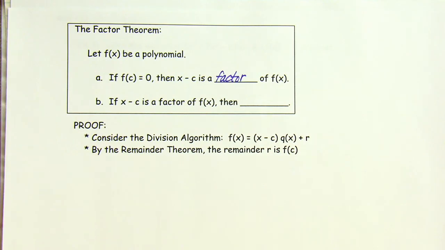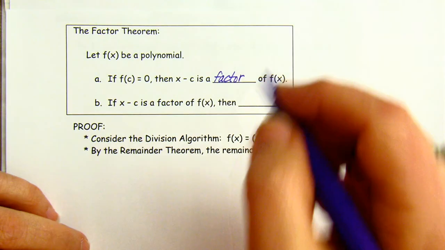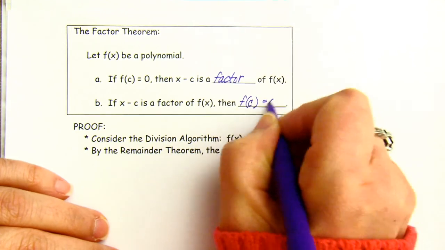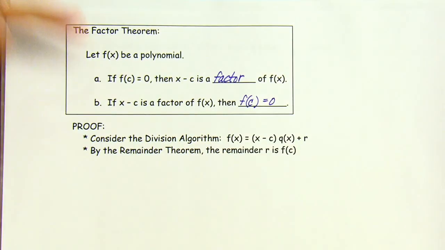And conversely, if x minus c is a factor of the polynomial function, then f of c equals 0. We could put this in and write a true biconditional statement, if you remember that stuff from geometry. All right, so this is here, proof again.